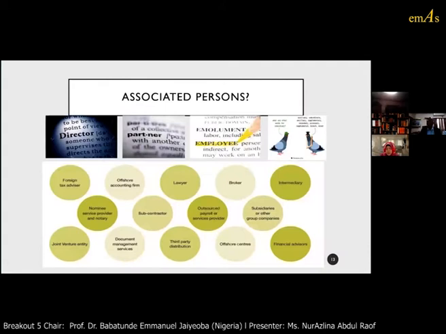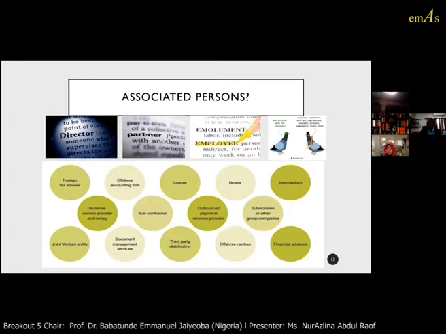When we look at the statute, we can see clearly associated persons comprise directors. Directors, when we look at the definition in the Companies Act 2016, consist of not only the directors registered with SSM, the Companies Commission of Malaysia, but also include shadow directors, alternate directors, or de facto directors, partners, employees.